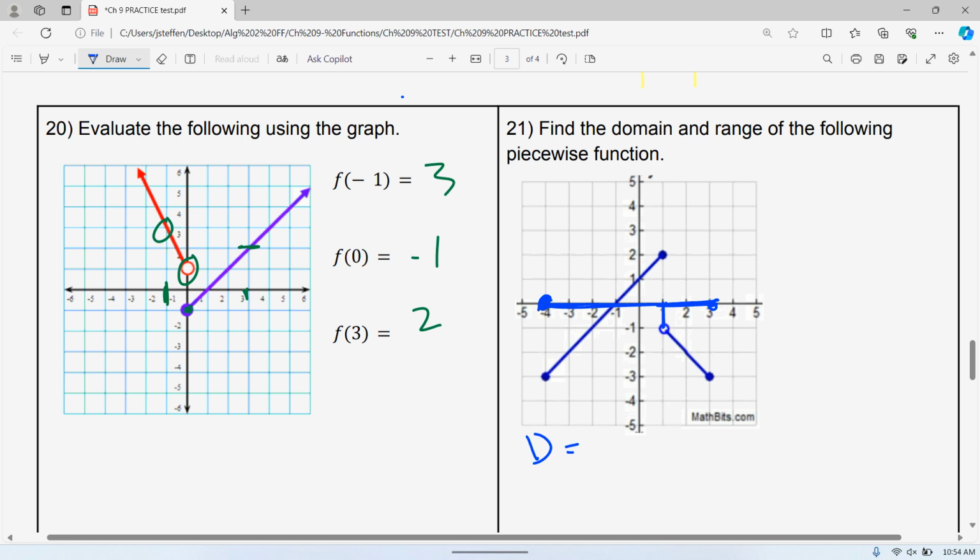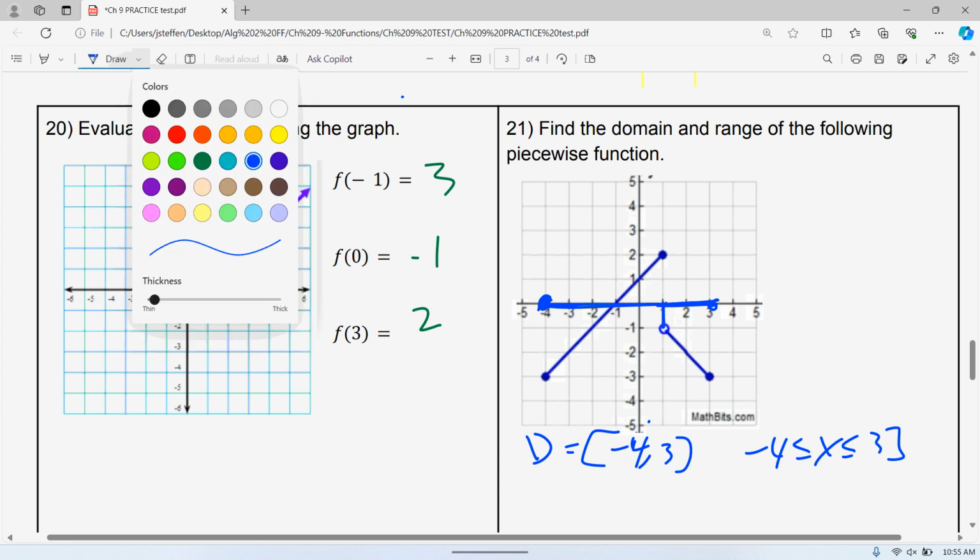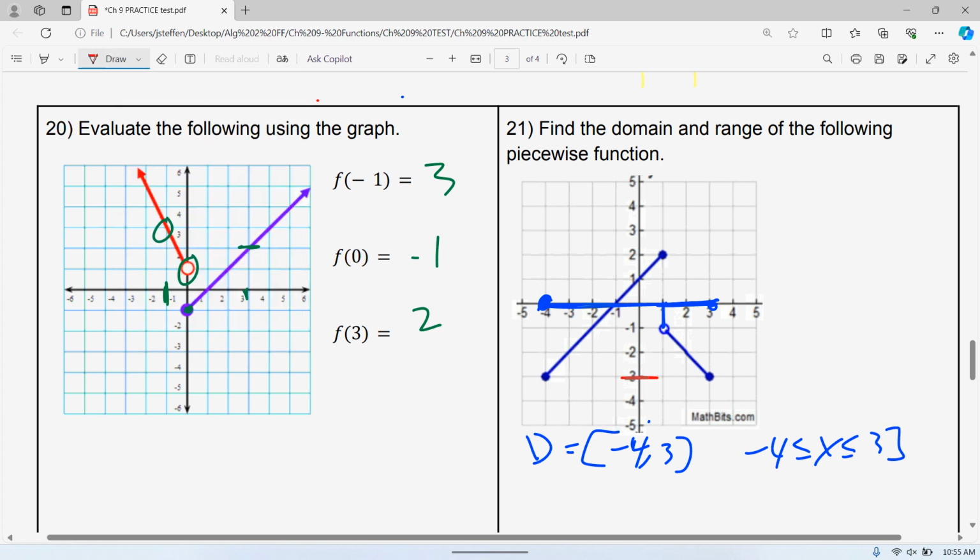Again, however you want to show it, the way we did it in class. So that's how we did the first time. You could also say -4 less than or equal to x is less than or equal to 3. And your range is the opposite. This is the lowest it goes. There's no jumps, there's no gaps all the way to here.